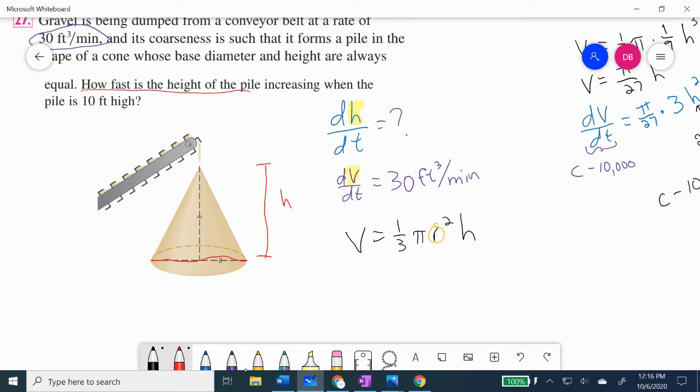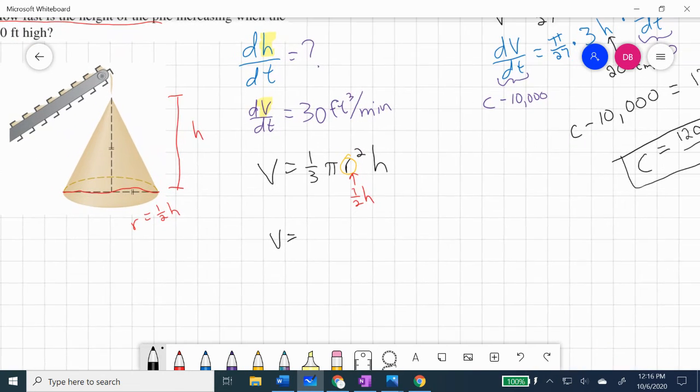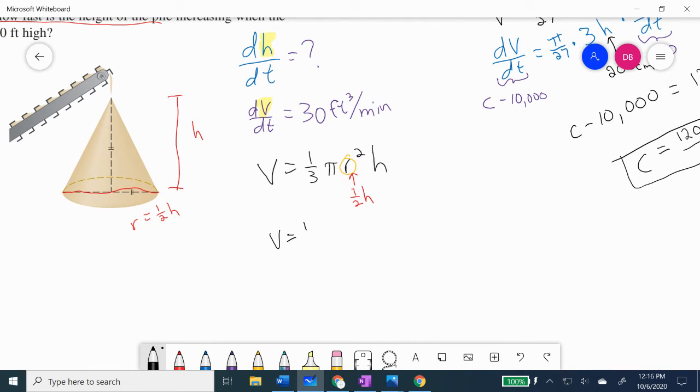So that means that the radius is equal to half of the height, and I will plug that into the r. Then my volume is going to be 1/3 pi times 1/4 as I square the 1/2 times h squared times another h. And I'll simplify the volume a little bit more, pi over 12 times h cubed.